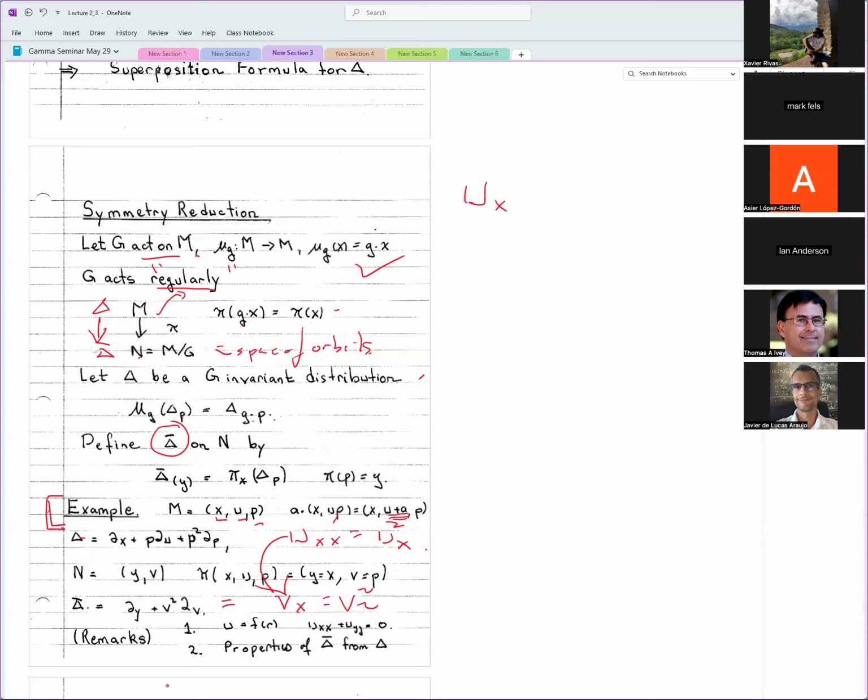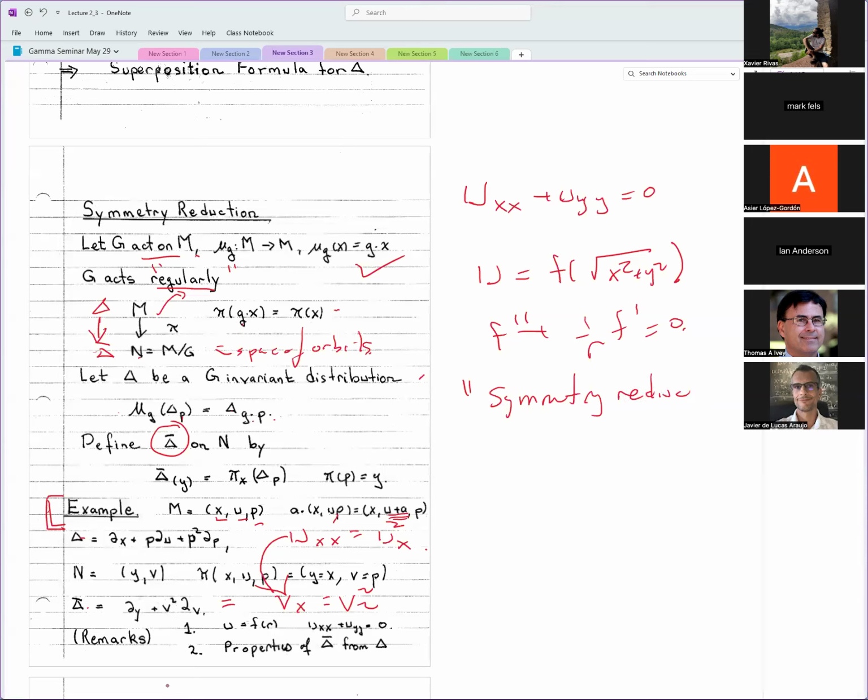Okay, I want to make two remarks. We often see this equation in our elementary classes, and we teach our students that this equation is rotationally invariant, so maybe we can try the following ansatz. We can look for solutions of this form. When we plug this in, we get some second order differential equation, something like this. Then we solve this differential equation and we get a solution. This also sometimes goes by the name of symmetry reduction, and in the physics literature it's called dimensional reduction.